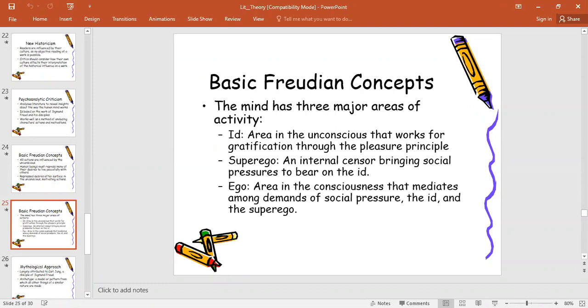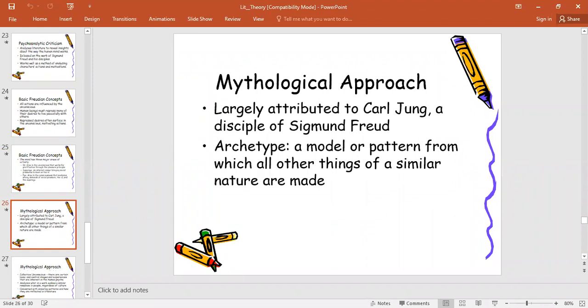That is called superego. Ego is the area in consciousness that mediates among the demands of social pressure, the id and the superego. Ego is between id and superego, and it always keeps balance in the human personality.